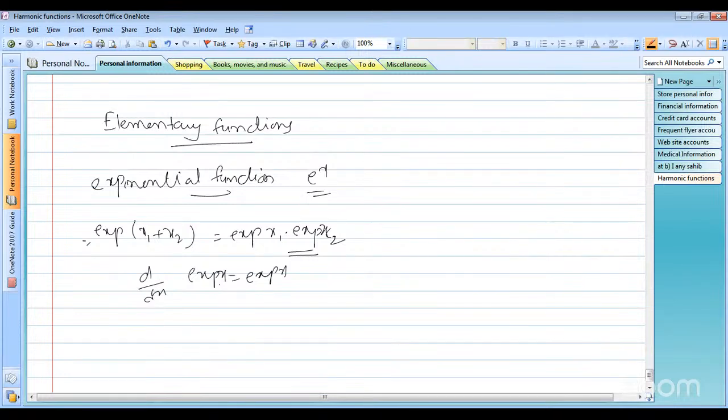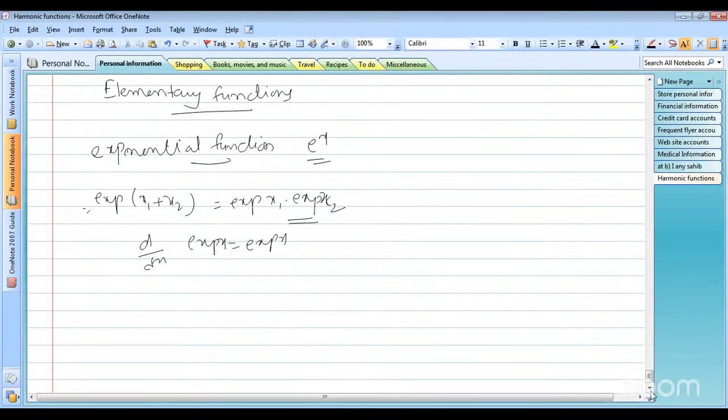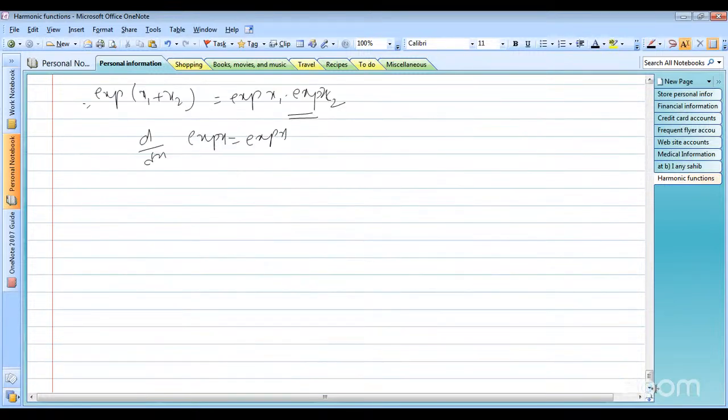So in addition also we take the multiplication of exponential functions, x1 and x2. So we have to find one definition here.